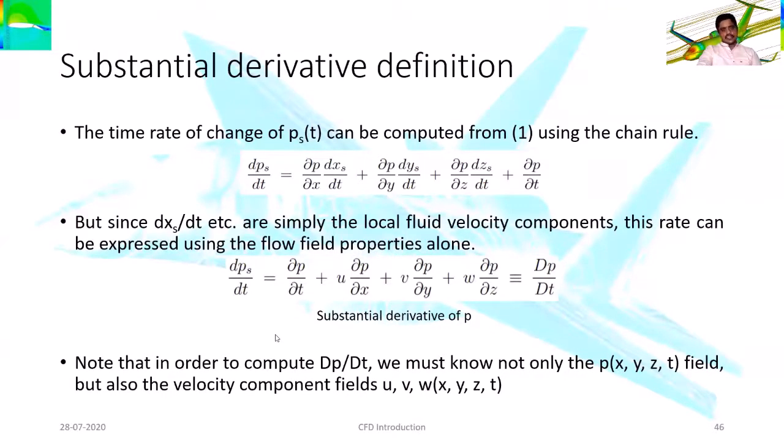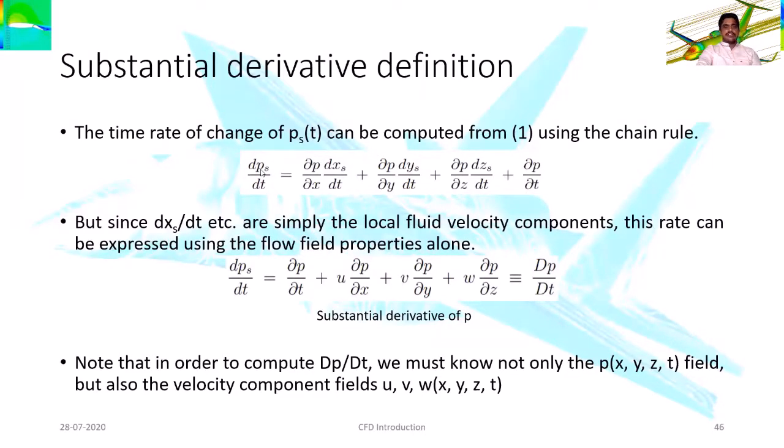Now you can see this is a beautiful example for the substantial derivative definition. The time rate of change of P_s of t, that is the pressure variation with respect to time, can be computed using the chain rule.